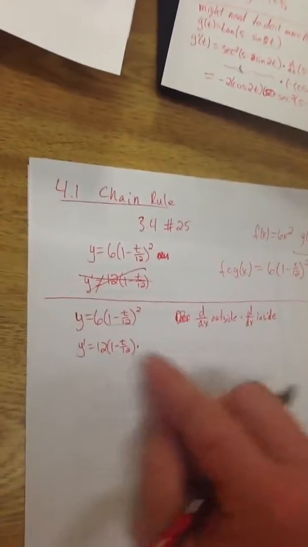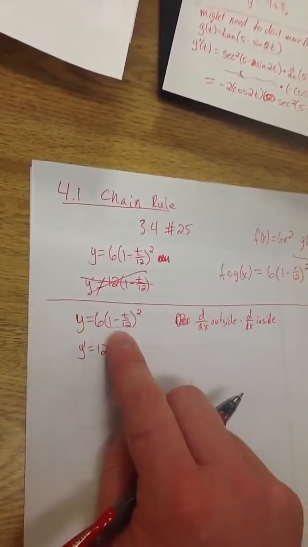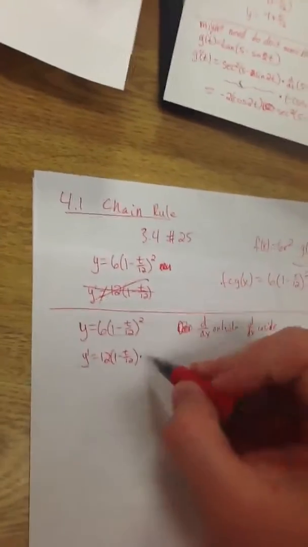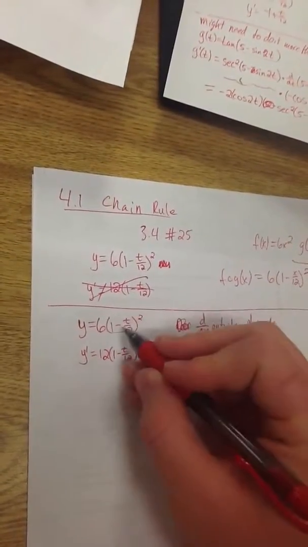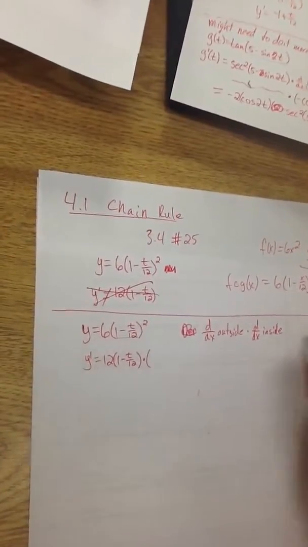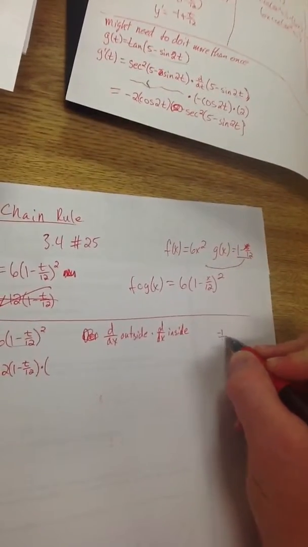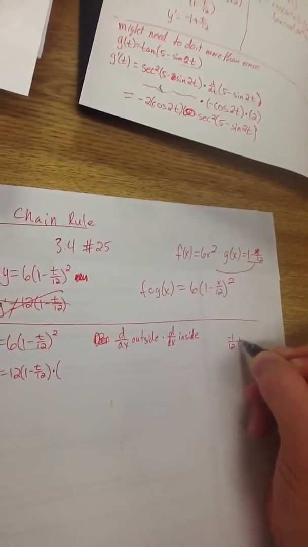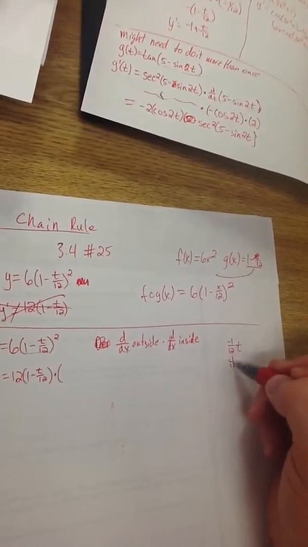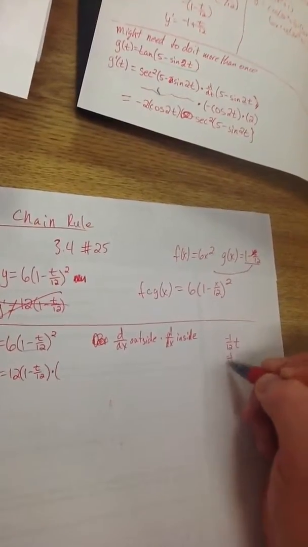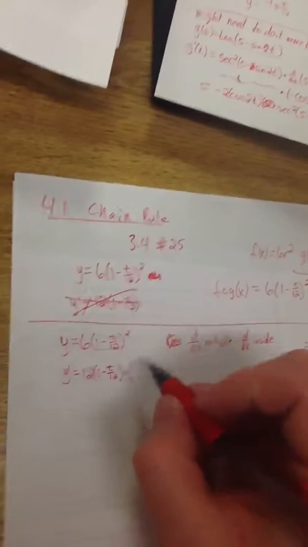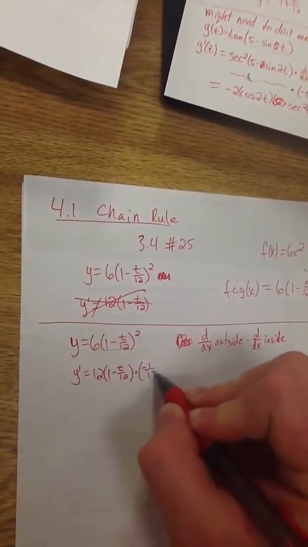Now all I have to do is multiply that by the derivative of the inside, the stuff inside the parentheses. So I ignore everything else and take the derivative of the inside. Well, you know the derivative of 1 goes away. So now the derivative of negative t over 12 is negative 1 over 12.